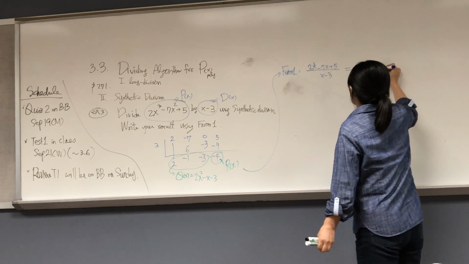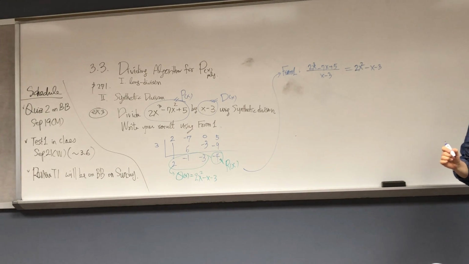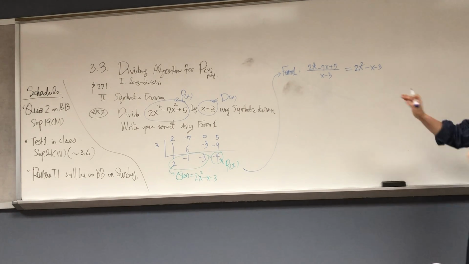You have to really remember a simple example like 32 divided by 9, and then you will see clearly. What is the formula here?